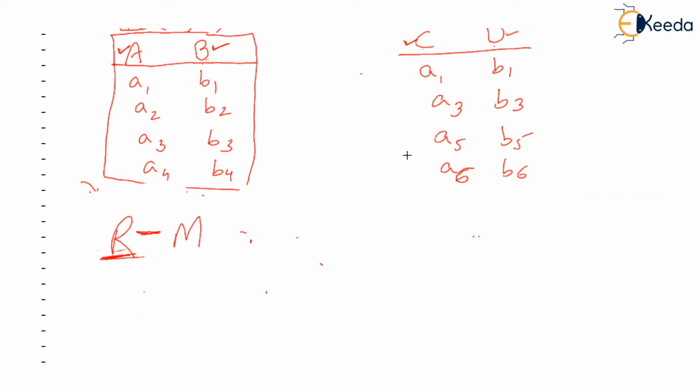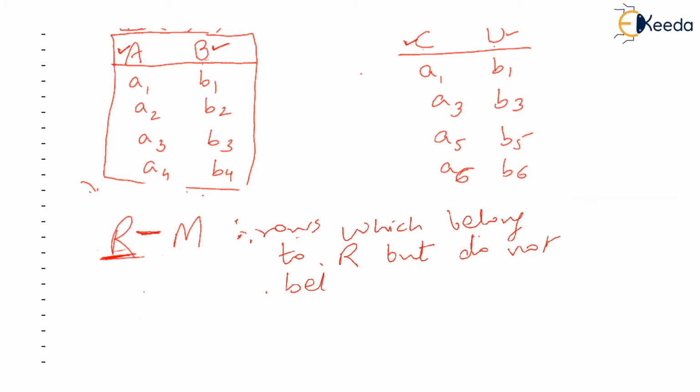Now R minus M here means it will give us the rows which belong to R but do not belong to M. So everything that is in R but not in M. So it is exactly opposite of the intersect operation, we can say, but not exactly, because the intersect operation will see both the tables and we will see what is common in both the tables.